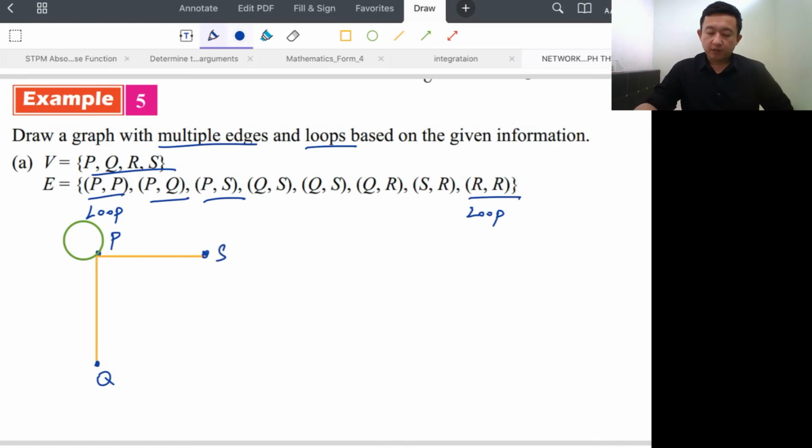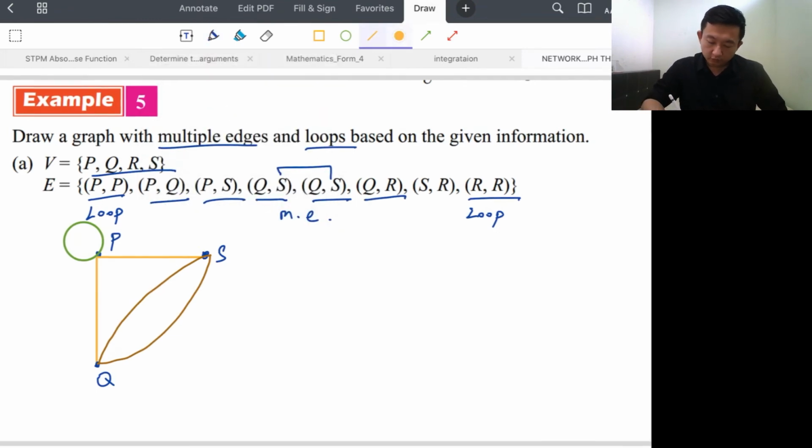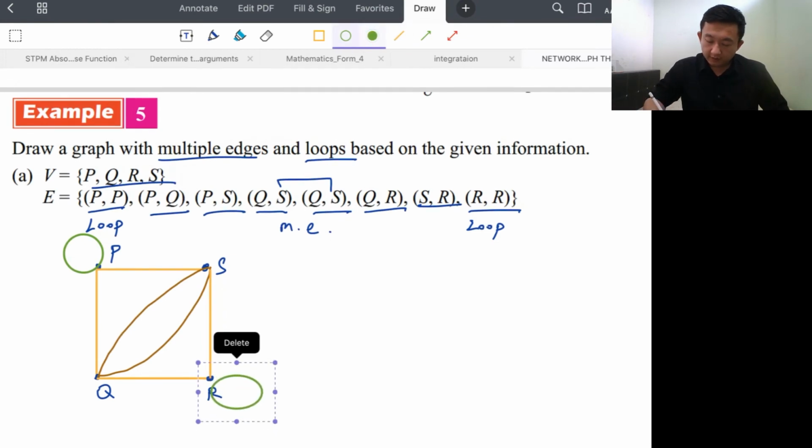PP, PQ, PS, and then you have QS, QS. QS repeated. This is multiple edges, multiple edges between Q and S. And then you have QR, so Q to R. Then SR, S to R. And then RR, meaning you have another loop here.